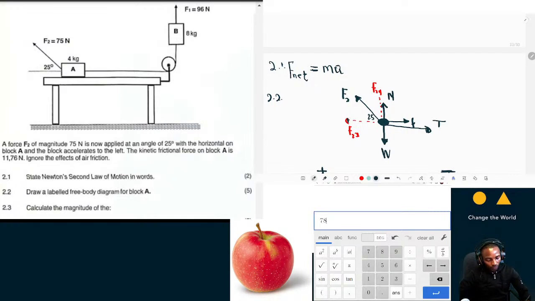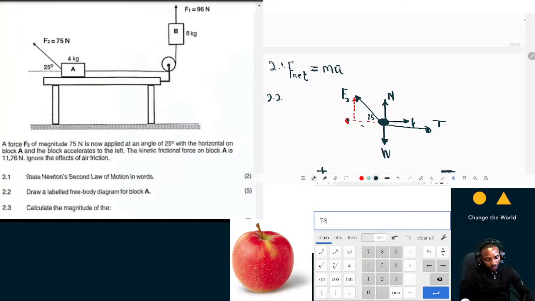I'm going to move the y component and put it here, without changing its magnitude and direction. Now I have formed a closed right-angled triangle, so I can apply trig ratios or Pythagoras theorem.